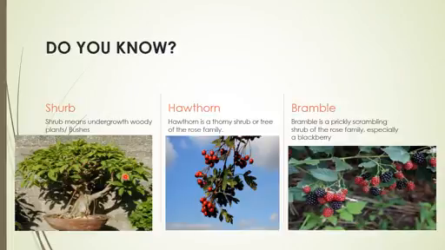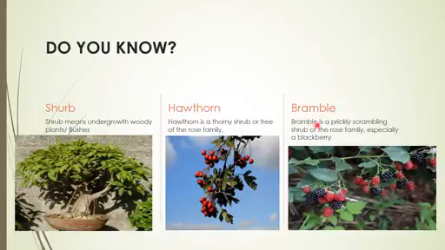It is covered with leaves, so this is called a shrub. The next is the hawthorn. The hawthorn is the one which has thorns in it. It is from the rose family, and it contains stems, leaves, thorns, and sometimes fruits or flowers.